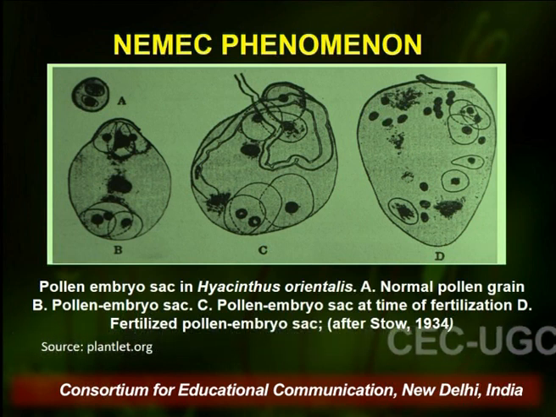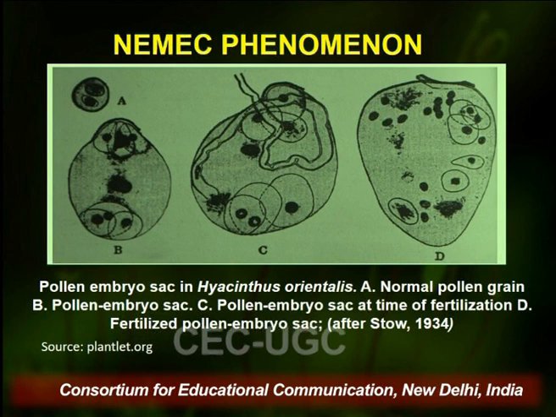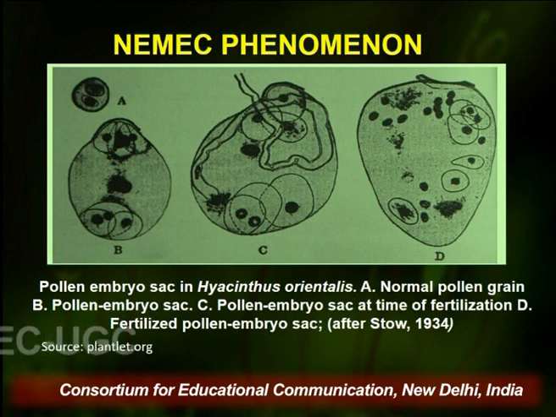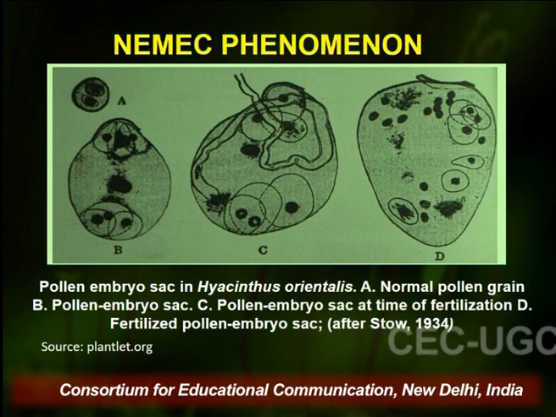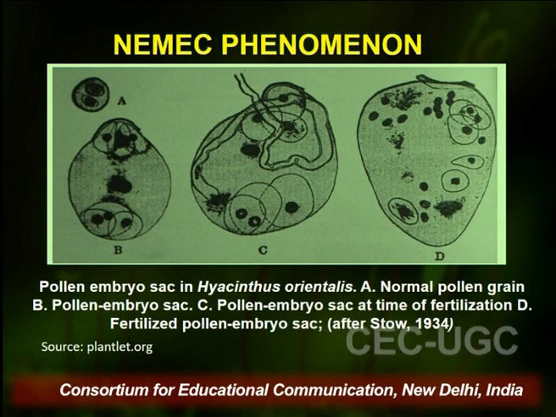In the C part of the figure, you can see a pollen tube entering the so-called egg cell, and in D it is the fertilized pollen embryo sac. So the Nemec phenomenon is the formation of pollen embryo sacs, or the formation of embryo sacs in pollen grains. This is very commonly observed in Hyacinthus orientalis.